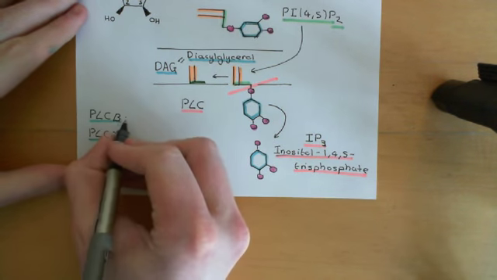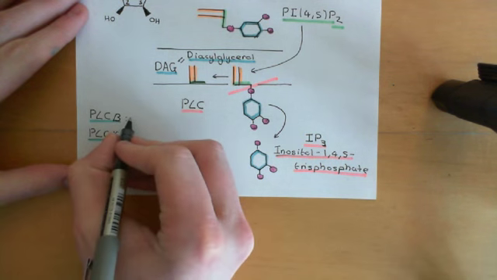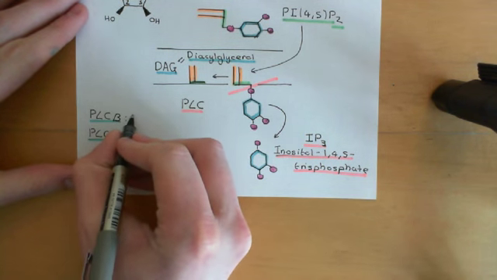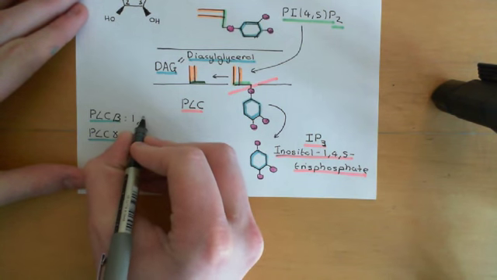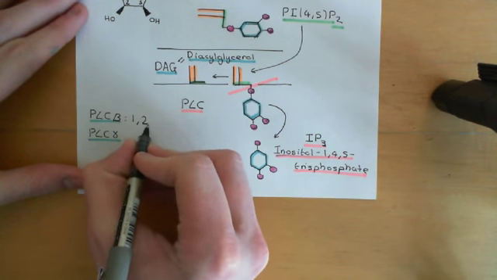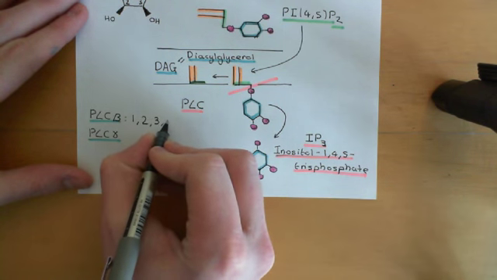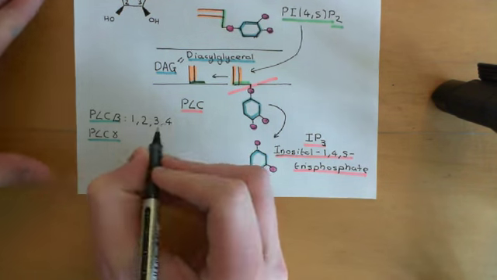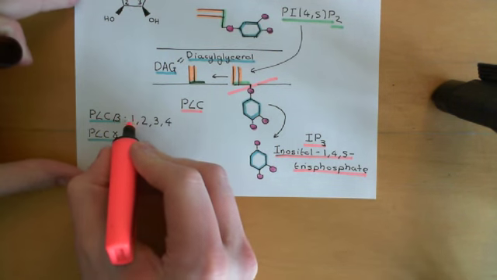So let me tell you the names of the members of these families then. So the phospholipase C beta family first. This contains 4 phospholipase C enzymes: phospholipase C beta 1, phospholipase C beta 2, phospholipase C beta 3, and phospholipase C beta 4, and they are all coded for by different genes.